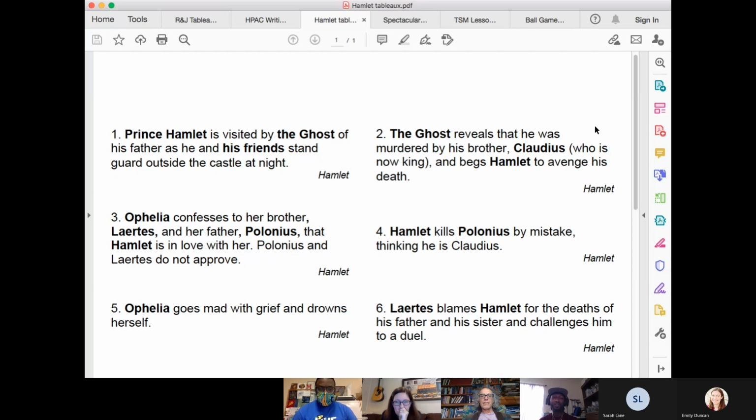What if we give students the scenes and they just have to rewrite them? How would it sound? How would it feel? This is just another way of getting them into opening the play. So, without further ado, here's the order of the translation of 1 through 6 for Hamlet.